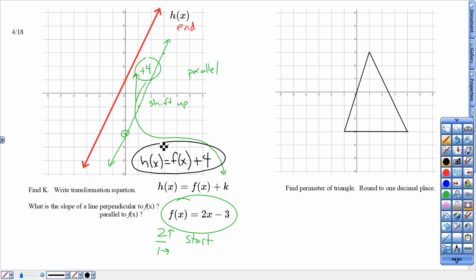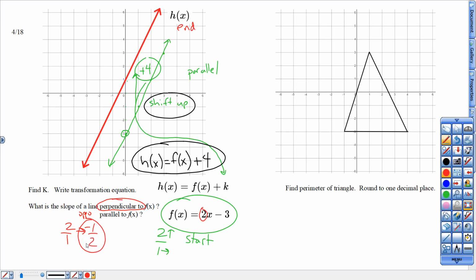Do you know what the shift is? Shift up. And then looking at these equations, do you know anything perpendicular, slope perpendicular to f of x? So f of x, if you look, has a slope of 2. So something perpendicular is taking that 2, flipping it, and also opposite, so -1/2 is perpendicular.